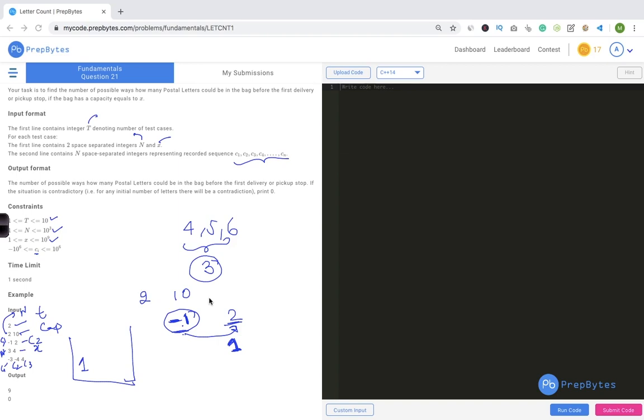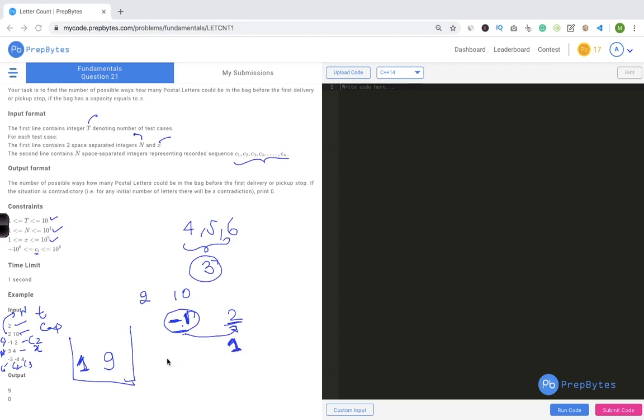So we want that whatsoever is the capacity of the bag, at least one place should be empty. Basically there should be one place for the letter. So we see that the minimum value that we want is 1, so that we can pick up one letter in the beginning, and the maximum value that we can have is going to be 9, not more than that.